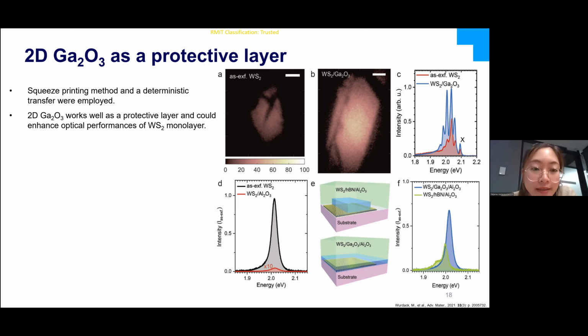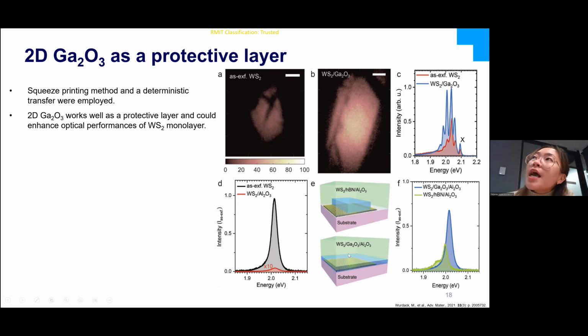If you look at picture E here, the top one is tungsten disulfide capped with HBN, and then Al2O3 was deposited with the conventional vapor phase deposition. And in the result, you can see the intensity of this one here, the green one, is for the one capped with HBN.